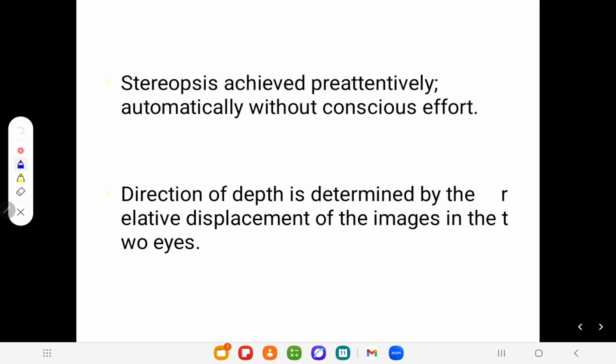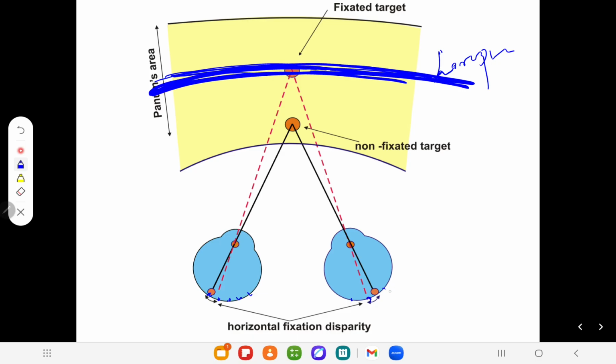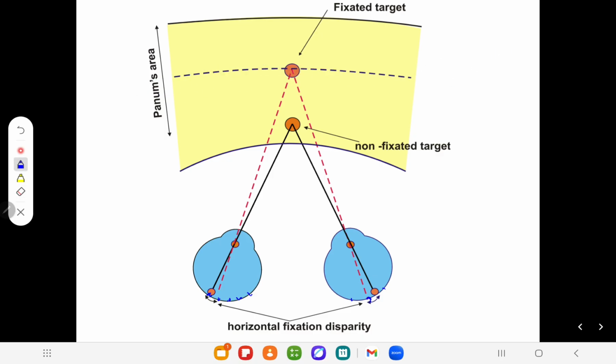Let me explain. What is a horopter? Just remember one thing: every point has a corresponding point, and if you place the object here and it stimulates corresponding points on each eye, and then in space we plot a line that corresponds to corresponding retinal points, that line is called the horopter.